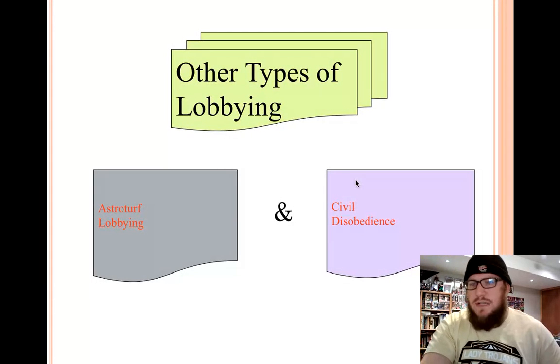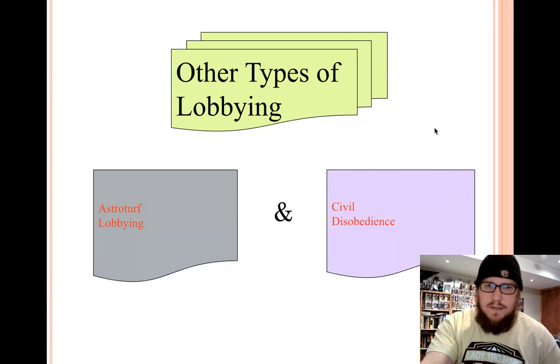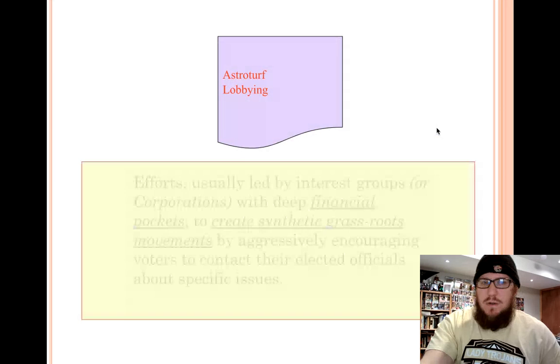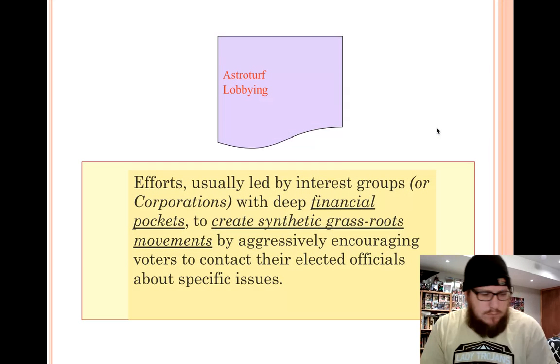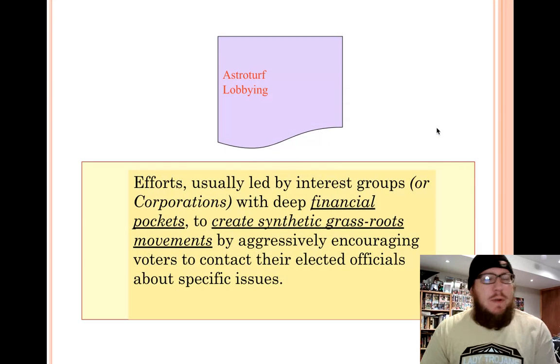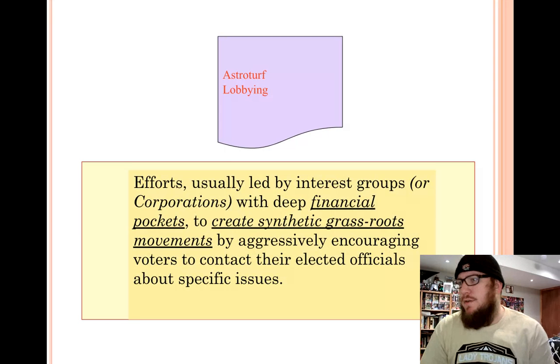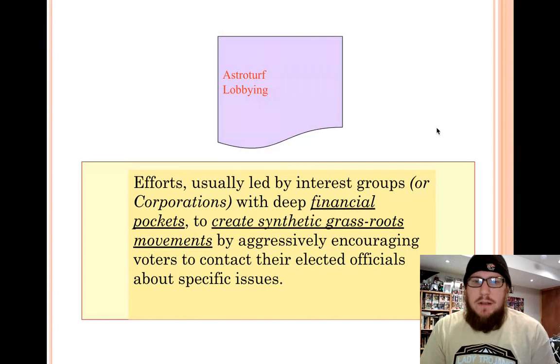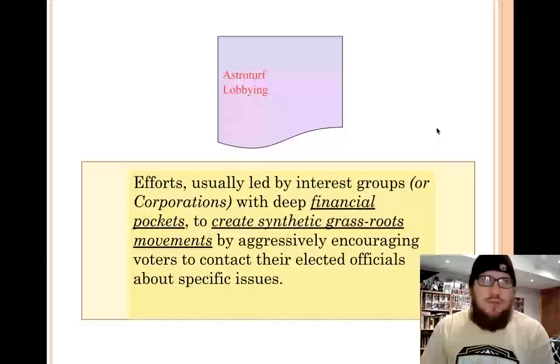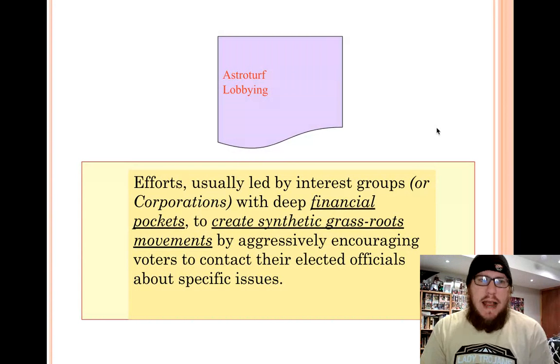There are two other types of lobbying. There's AstroTurf lobbying and civil disobedience. So AstroTurf lobbying, creating the distinction between grassroots lobbying and AstroTurf, which is fake grass, is difficult at times. If there's a group with deep financial pockets trying to get a grassroots movement going, then it's labeled as AstroTurf.